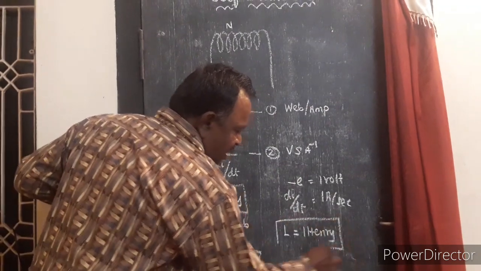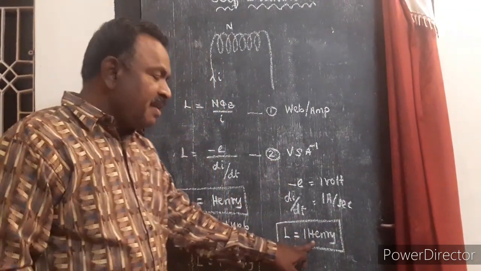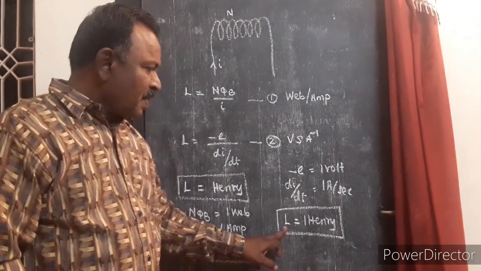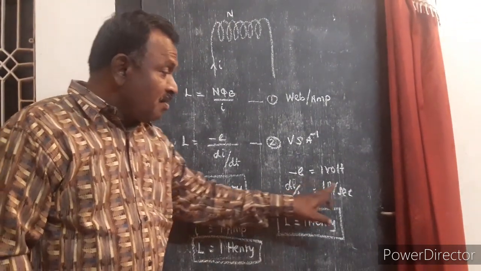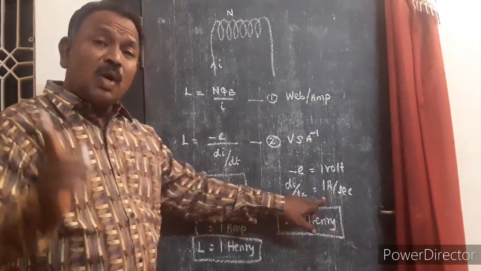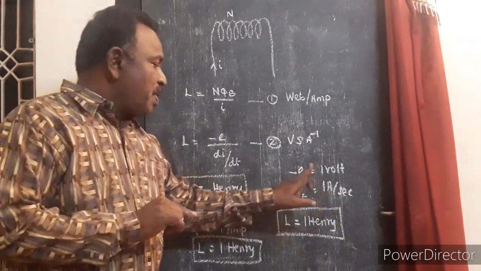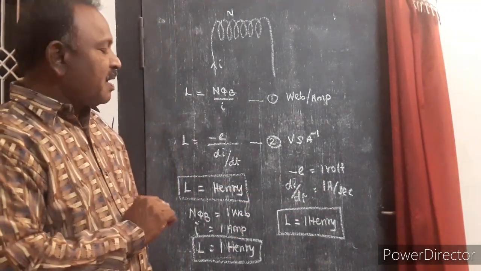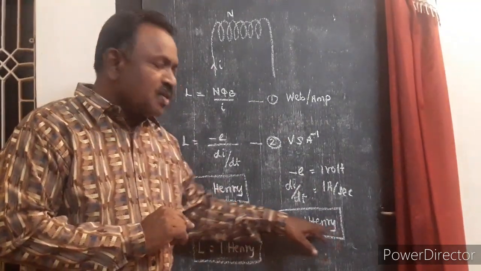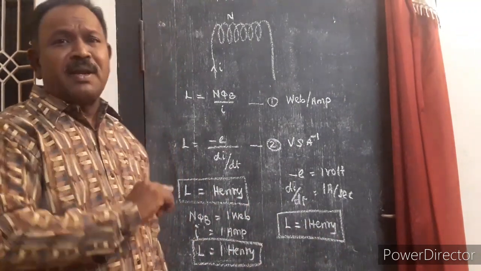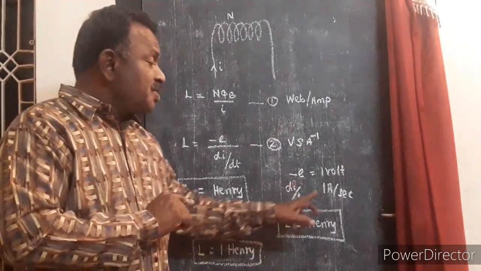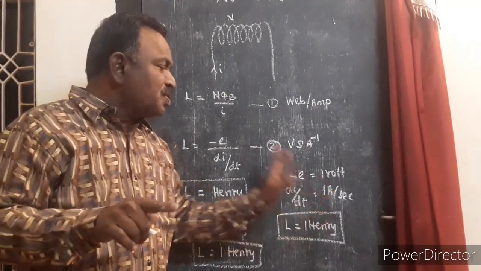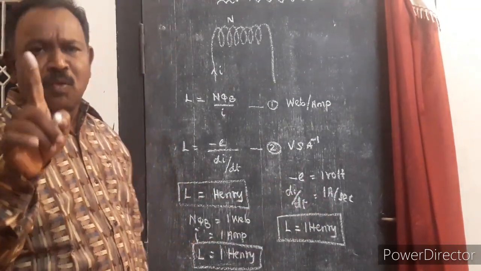So Henry is defined as the self-inductance of a coil when the rate of change of current in the coil is 1 ampere per second and produces an opposing EMF of 1 volt.